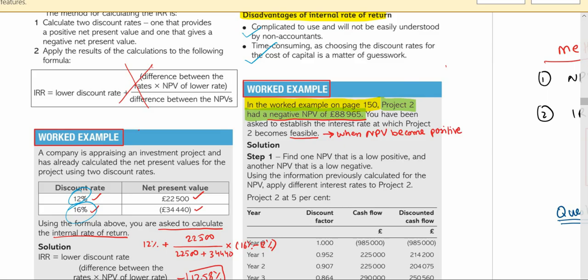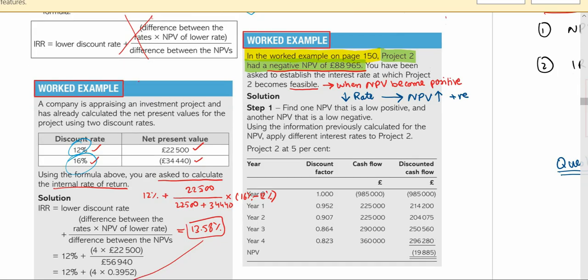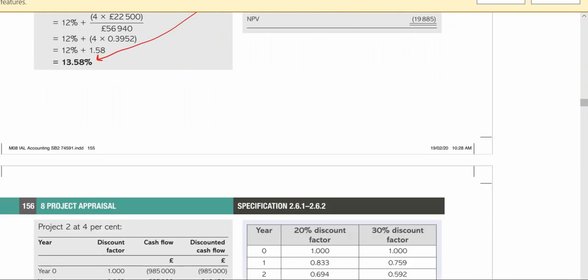When we decrease the discount rate, the net present value will increase. Net present value increasing means it will become positive. So we have to decrease the rate.